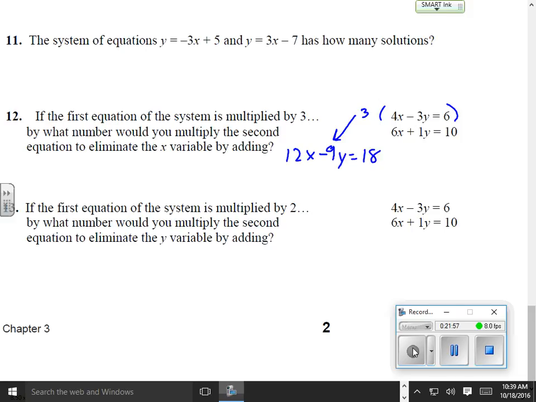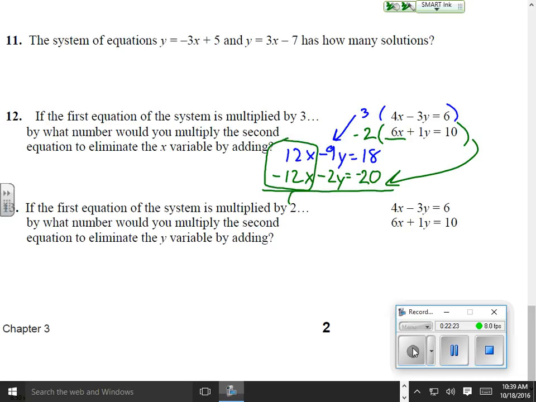So if we need the x's to cancel out, this is going to have to become a negative 12. That means we're going to need to multiply this through by negative 2 to become negative 12x minus 2y equals negative 20. Then when we add them together, the x's will drop out.